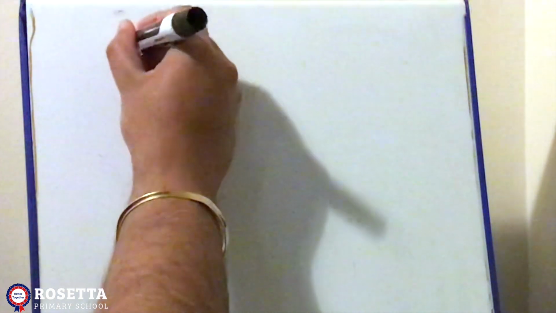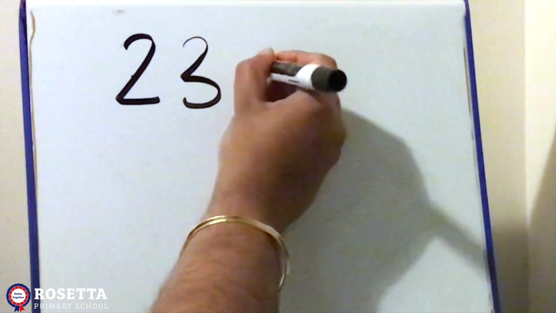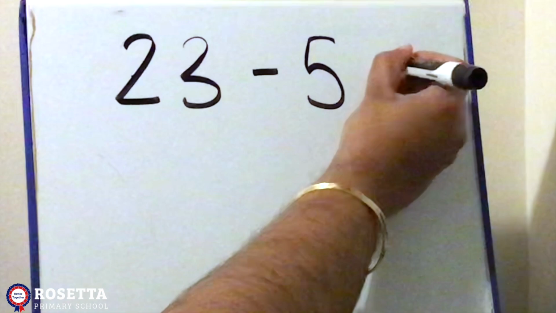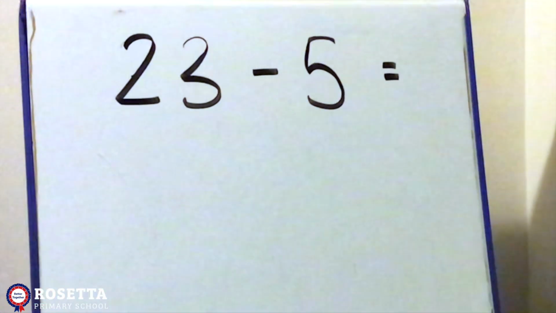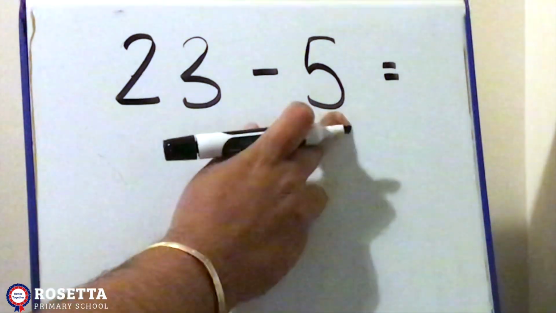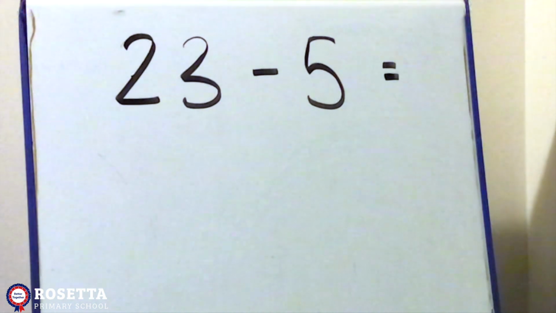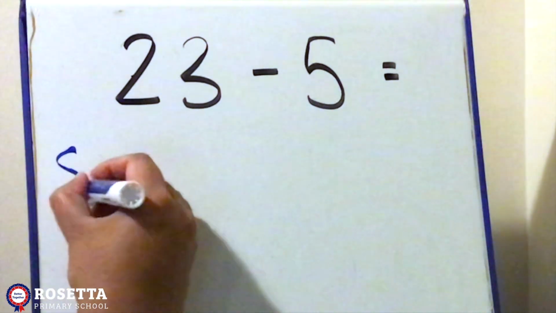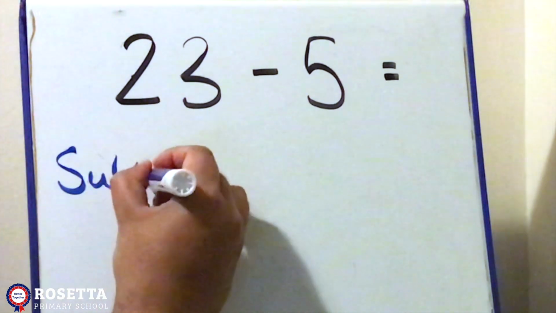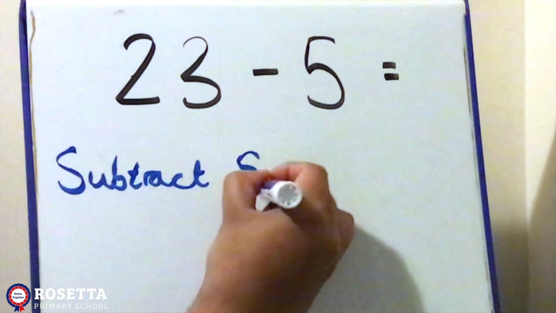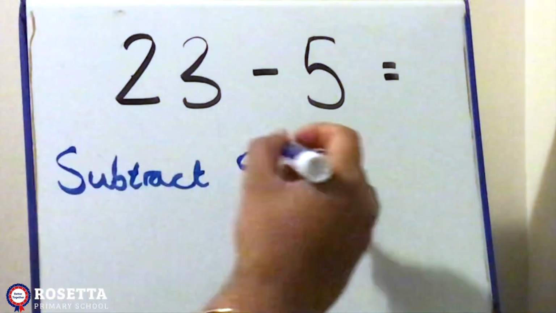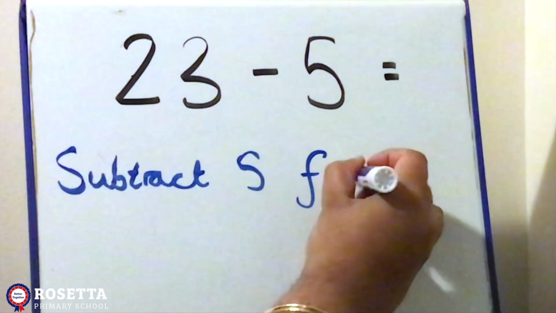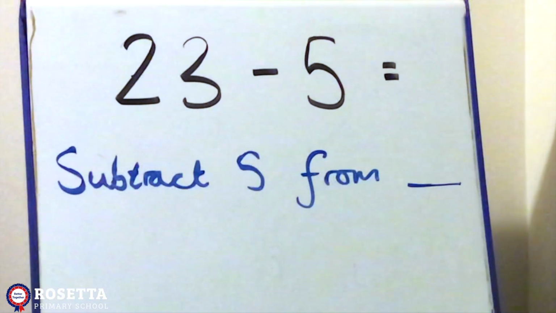23 take away 5. Now we need to partition this number in a way that we can take away 5 from the number easily. So to subtract 5 from what?